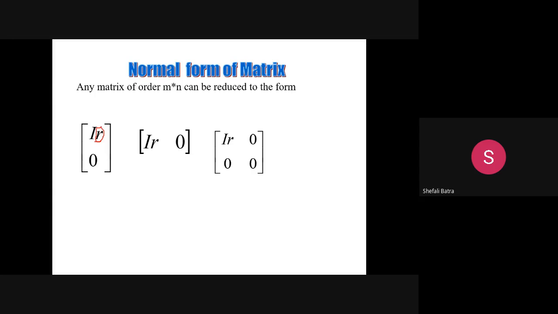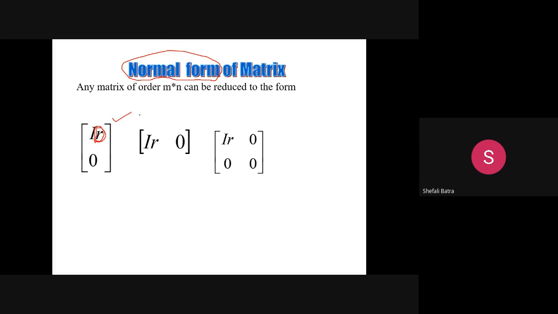So you can find the rank of a matrix using normal form. Or it can be asked that reduce the given matrix into normal form and then find its rank. So what to do? You need to reduce the given matrix into normal form, and then the order of this identity matrix will give you the rank of the given matrix.